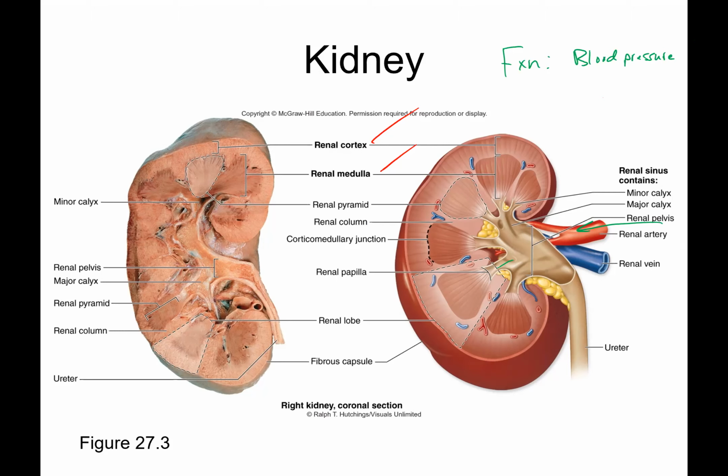Obviously, lots and lots of things. But the kidney is one of them. So if a person has blood pressure issues, one of the things to put on your differential diagnosis list is kidneys.